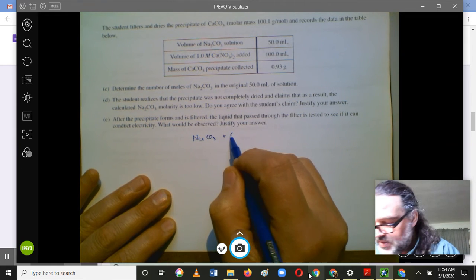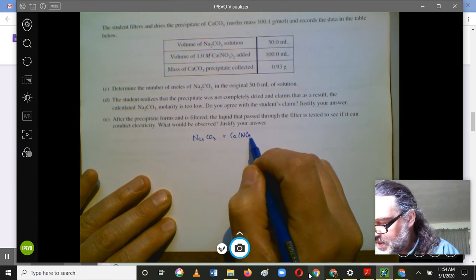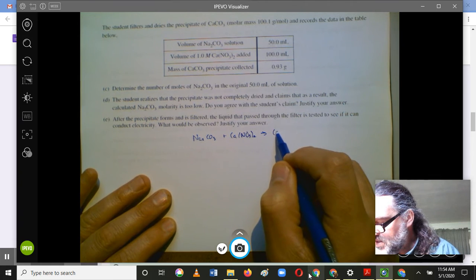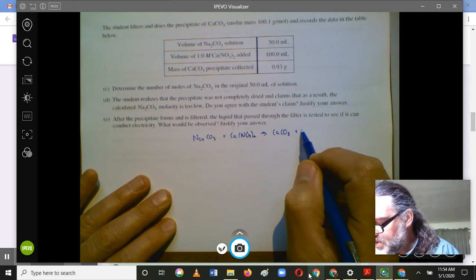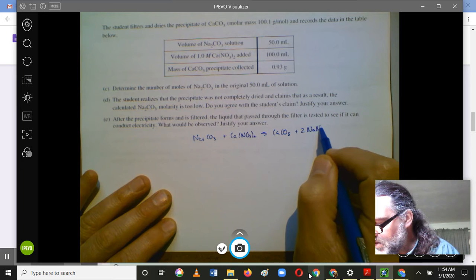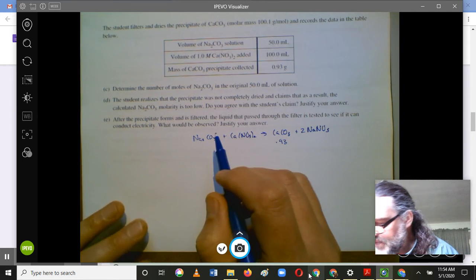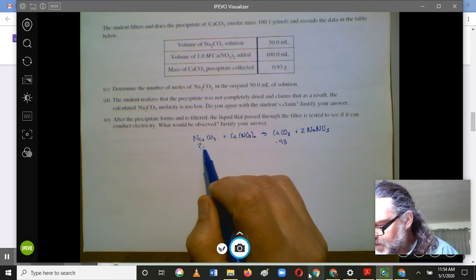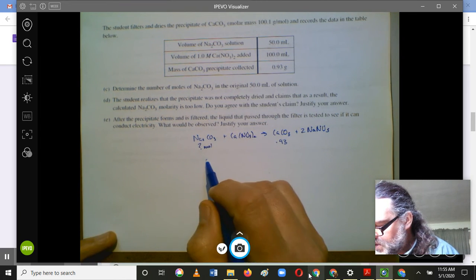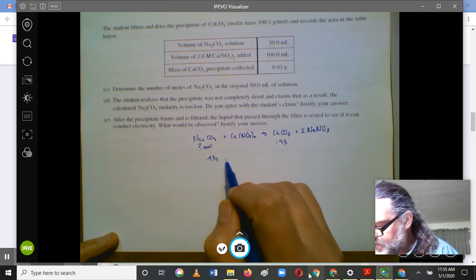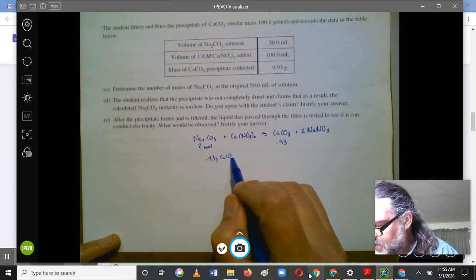In that chemical equation, Na2CO3 plus Ca(NO3)2 gives us the CaCO3 plus the 2 NaNO3, the sodium nitrate. So we know that this weighs 0.93 grams, and what we want to do is figure out how many moles of this. So we take the 0.93 grams of CaCO3.